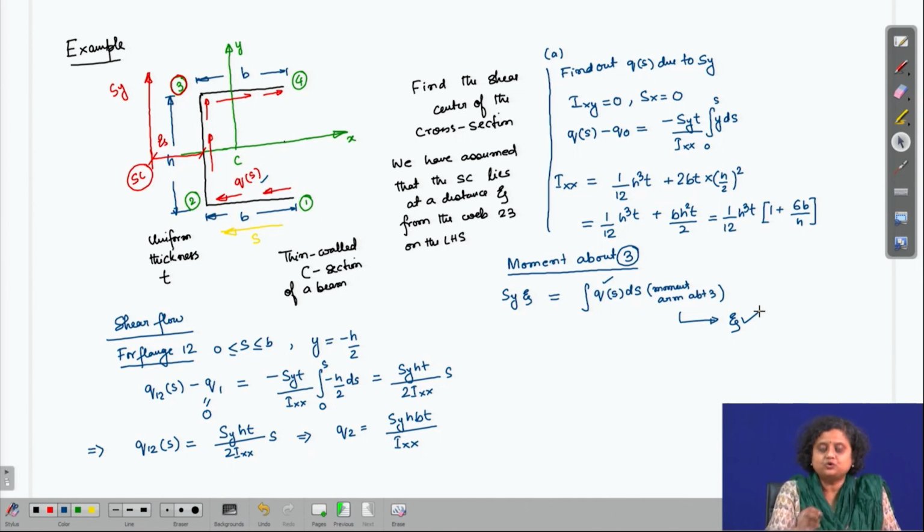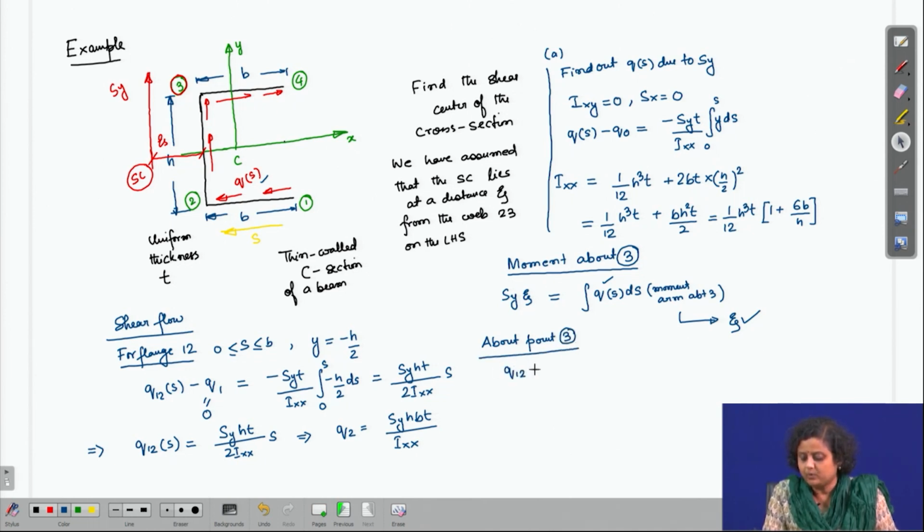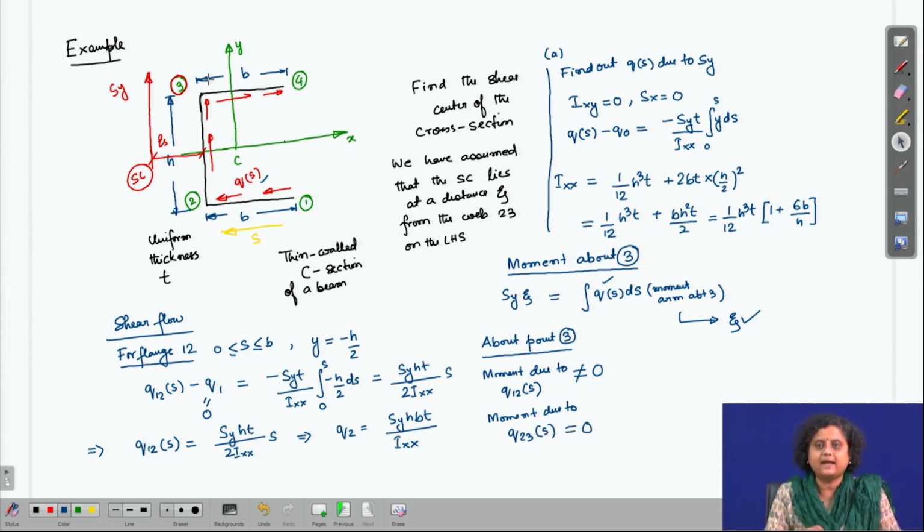Now, if we choose point 3, then the moment due to Q12S is non-zero, but the moment due to Q23S is going to be 0, because Q23S passes through point 3.